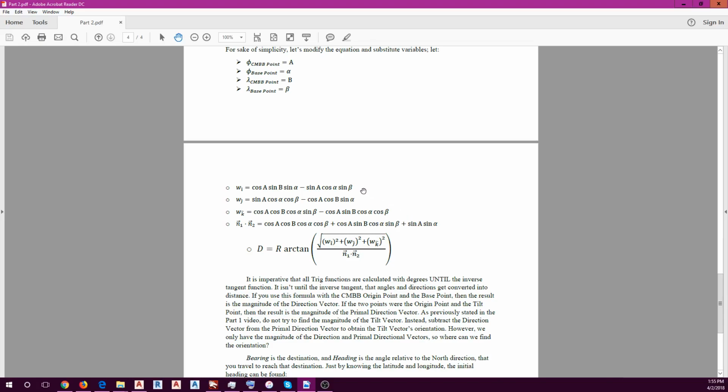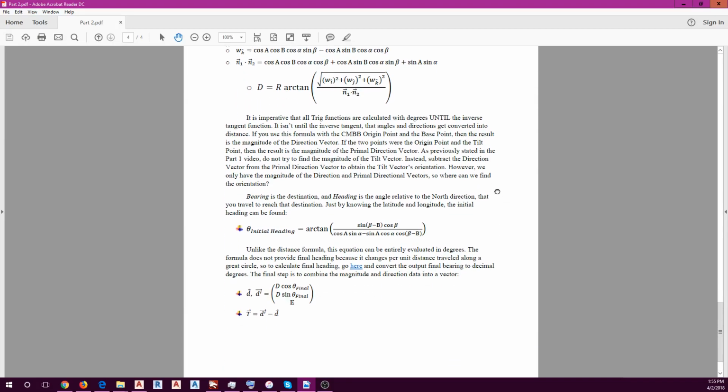This is why you want to plug things in separately. All 4 of these need to be evaluated in degrees. Then you plug it into this, and this you evaluate in radians. And then multiply it by the radius of the Earth, and that's your answer for the magnitude of your vector in kilometers.